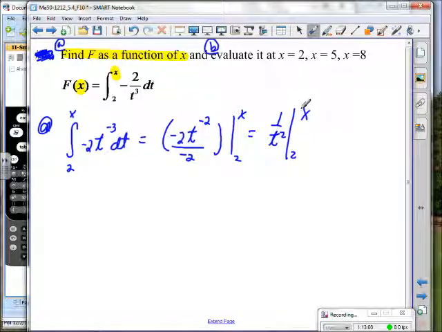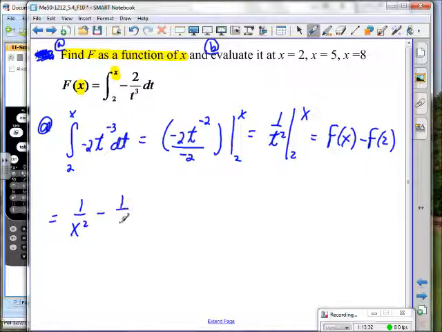Do the same thing then, okay? So we're going to take f of x minus f of 2, antiderivative of x minus antiderivative of 2. So that gives us 1 divided by x squared minus 1 divided by 2 squared, or 1 divided by x squared minus 1/4.